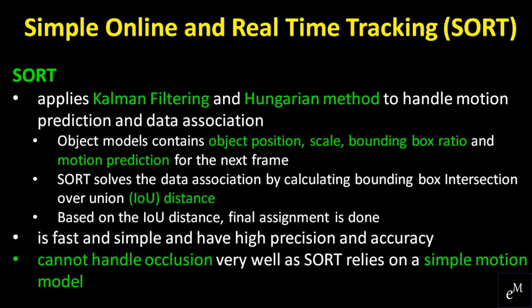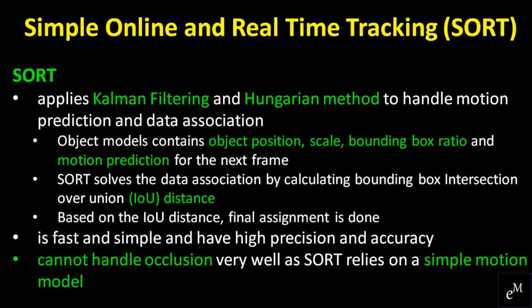In short, the SORT algorithm keeps track of each object by estimating an object model for every frame. The object model contains current spatial information about the object position, scale, and bounding box ratio. The object model also contains motion predictions for the next frame that are estimated using the Kalman filter.